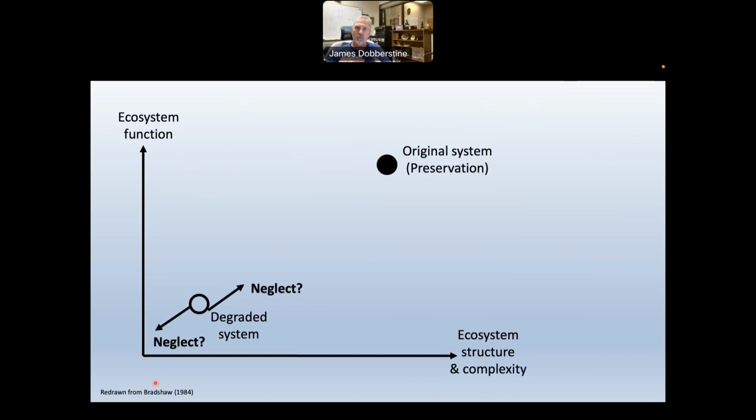So it may move somewhat back towards that original system. Restoration is designed to take it all the way. So instead of letting the system do what it will, maybe degrade further or possibly not do anything or possibly inch back towards the original system, the idea here is let's go in and take it back to the level that we want it to be at.